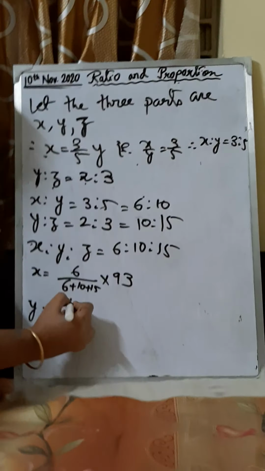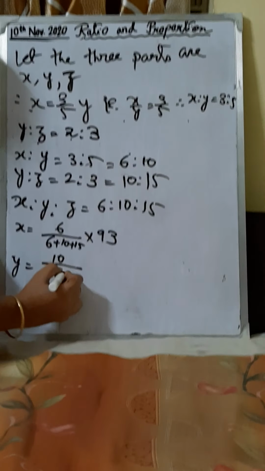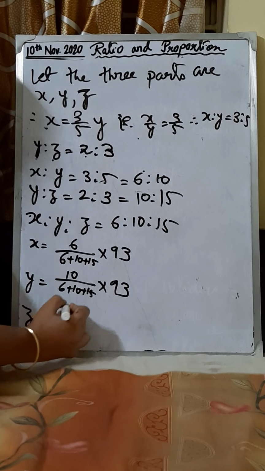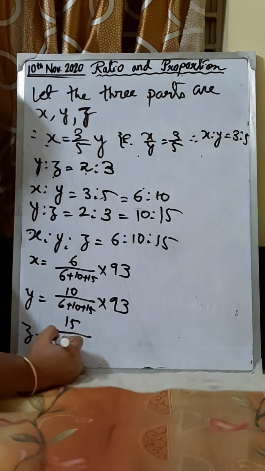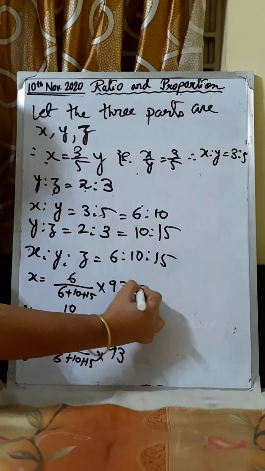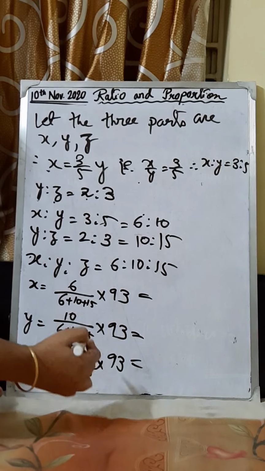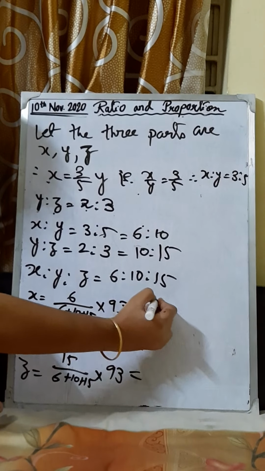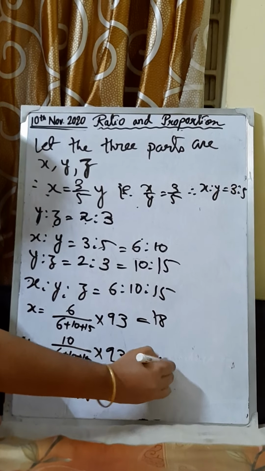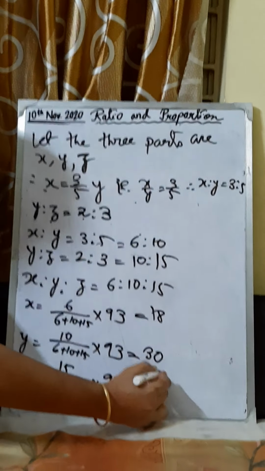Y equals 10 divided by 6 plus 10 plus 15 into 93. And Z equals 15 divided by 6 plus 10 plus 15 into 93. You can solve it, you get your answer. Here you get the value 18. Here you get the value 30. And here the value is 45.